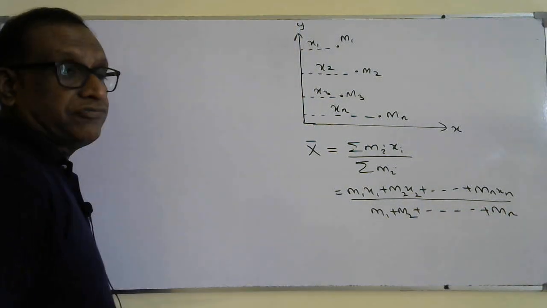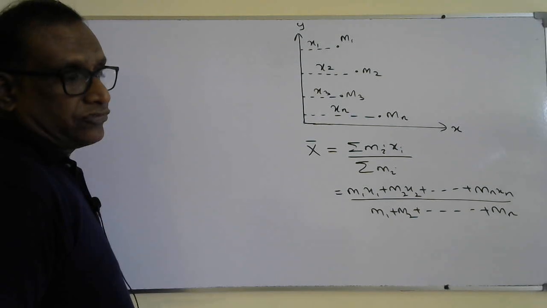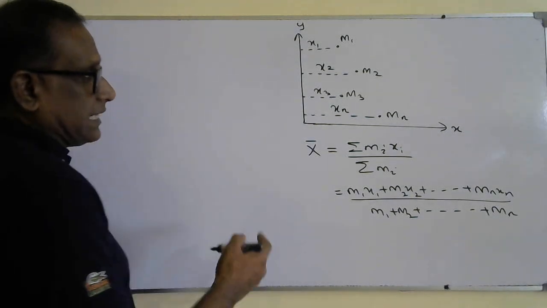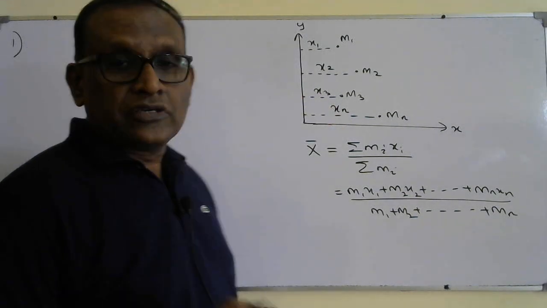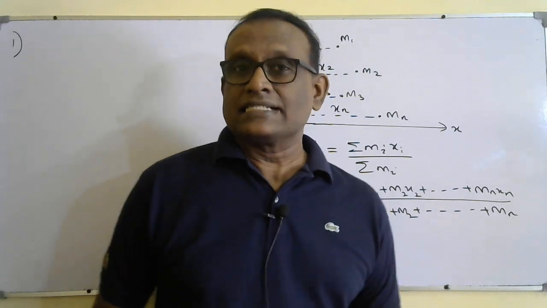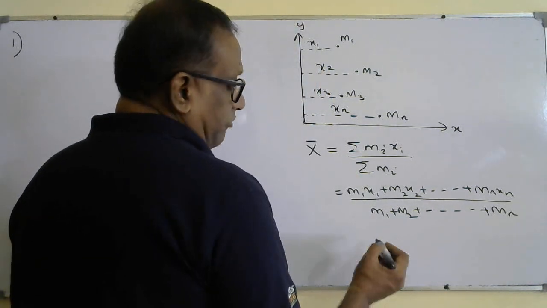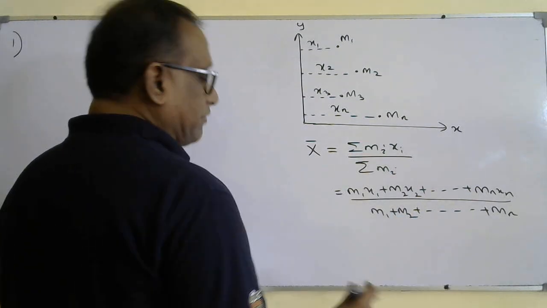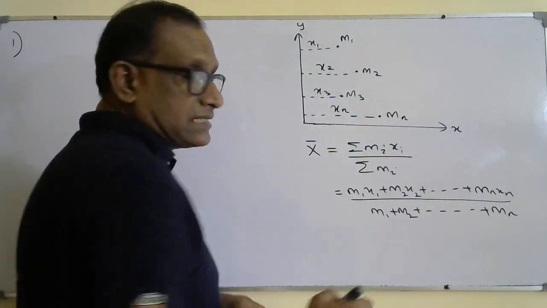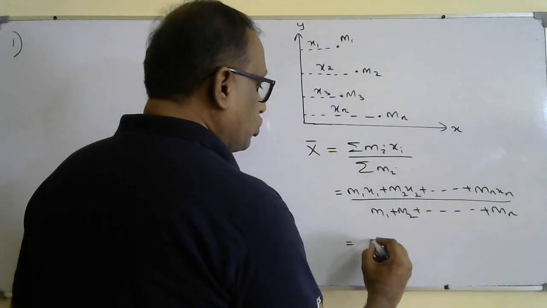The same way we can find the y coordinate of the center of mass also, because when we find the center of mass from an axis, we won't be able to find the actual point. For example, when you solve with the numerical value, the x bar, the final center of mass, is, for example, 2 meters.